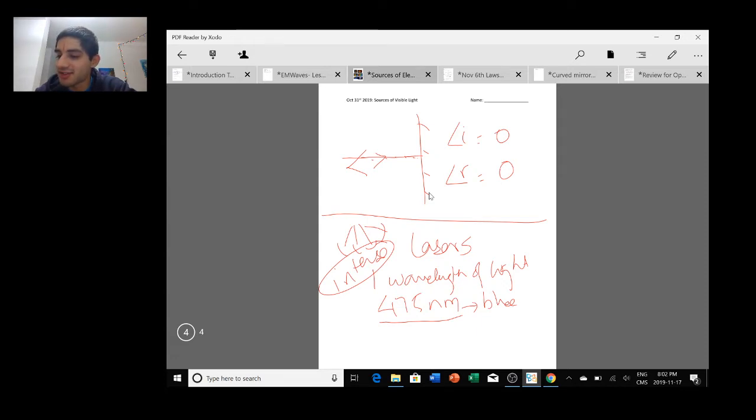Will you ask questions where you give us a scenario that asks us to use ray diagrams in order to solve it? Interesting question. Now that I'm thinking about it, that's actually a pretty good question to ask.